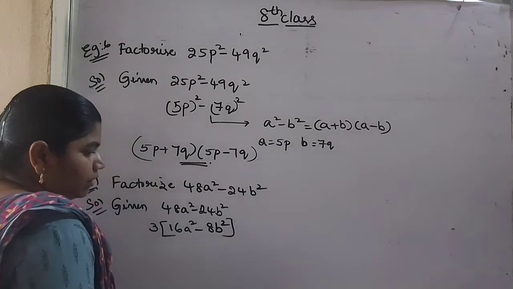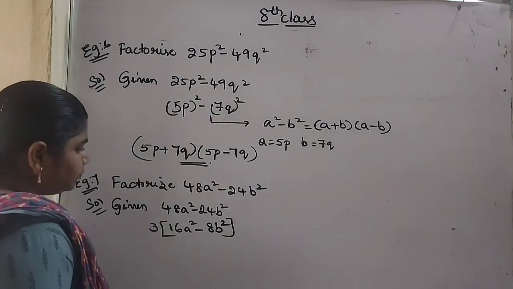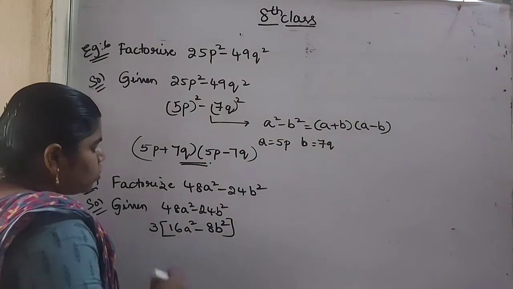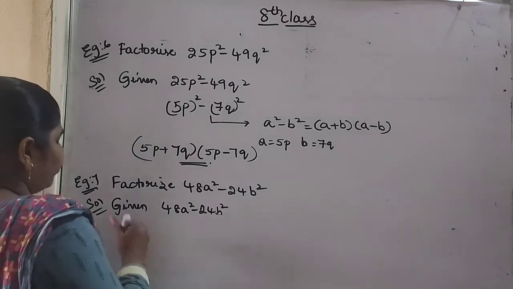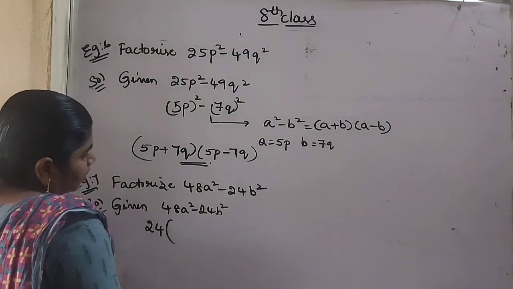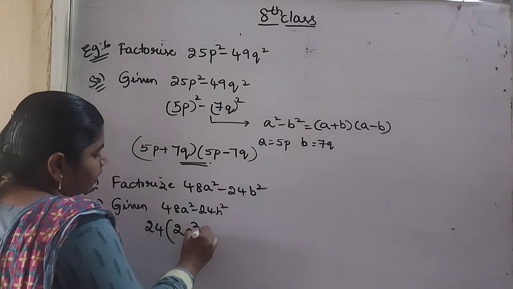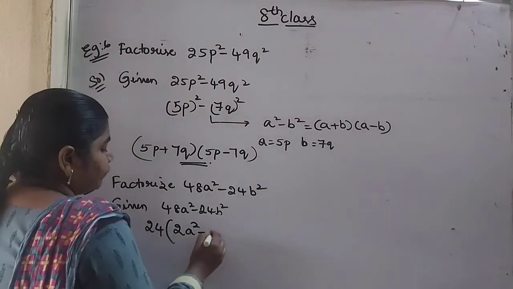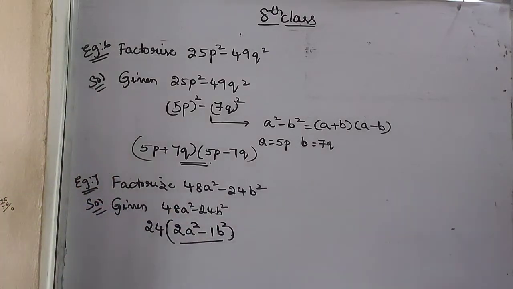But we can't factorize this again because 8 is not a square number. So directly, I am taking 24 as common. 24 two times is 48a square minus 24 one time is 24b square. So these are the factors of the given question.